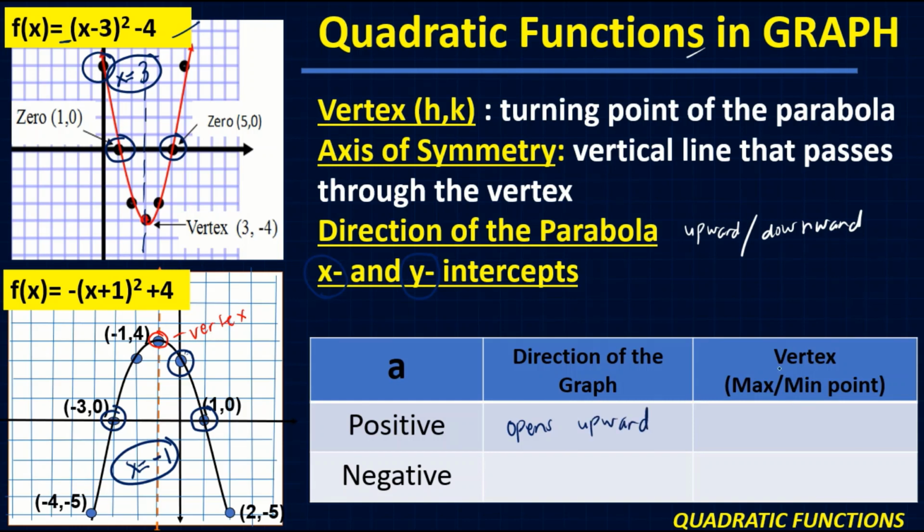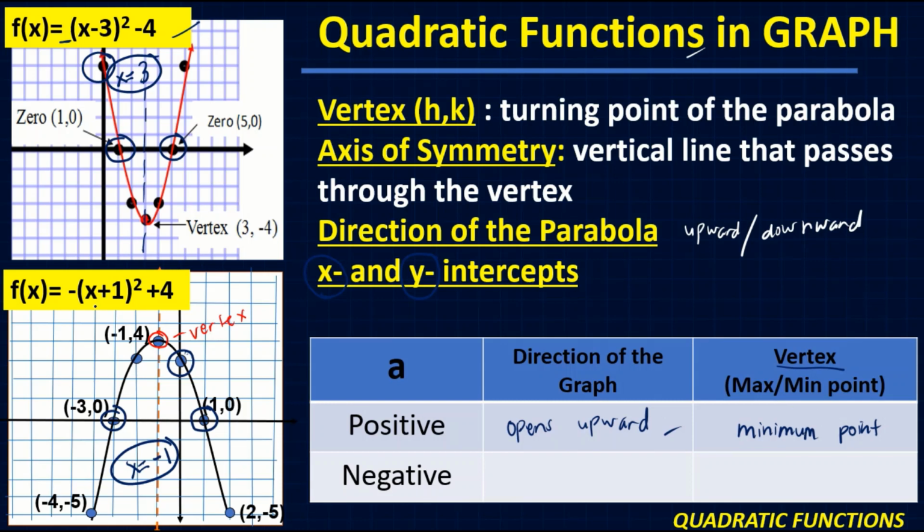And since yung vertex natin ay nasa pinakababang part ng parabola, therefore, we serve the vertex as the minimum point. Palaging ganon. Kapag ang graph natin opens upward, we serve the vertex as the minimum point of the function.